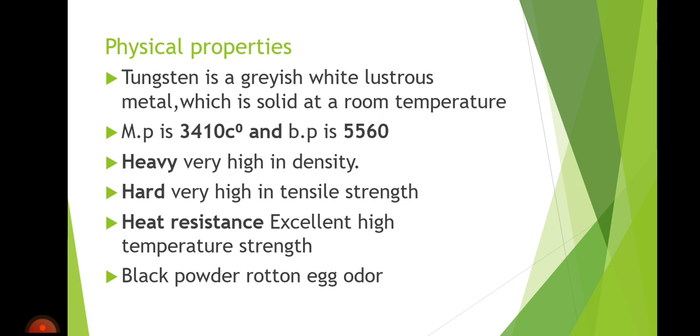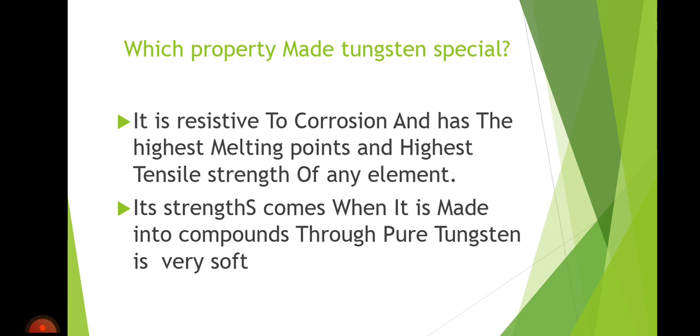It has excellent corrosion resistance and is attacked only slightly by most mineral acids. It is heavy, very high in density, very hard, with high heat resistance, excellent high temperature strength, and resistance to acid and chemical corrosion. Question: which property made tungsten special?